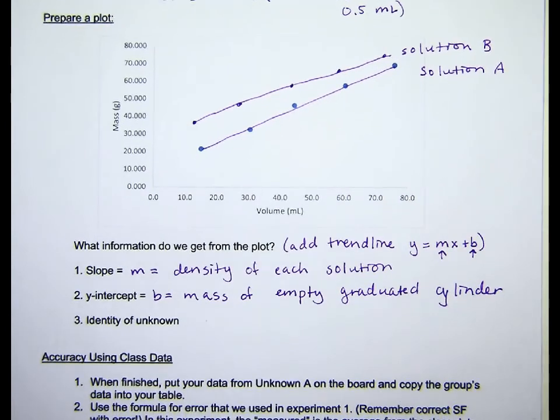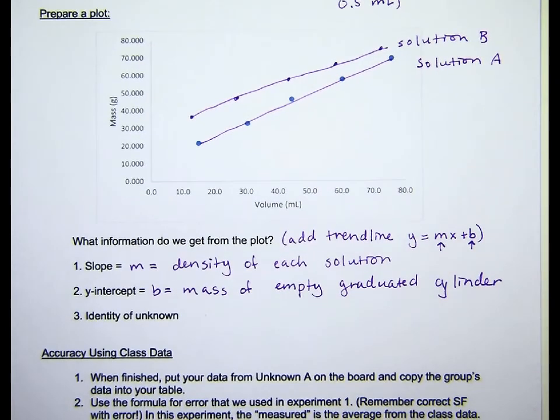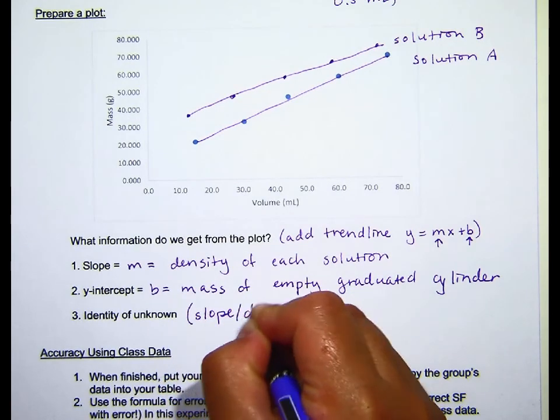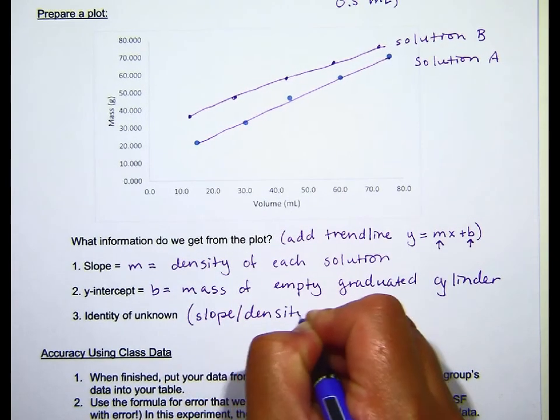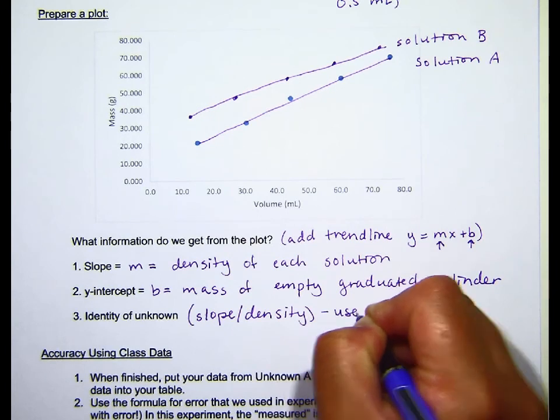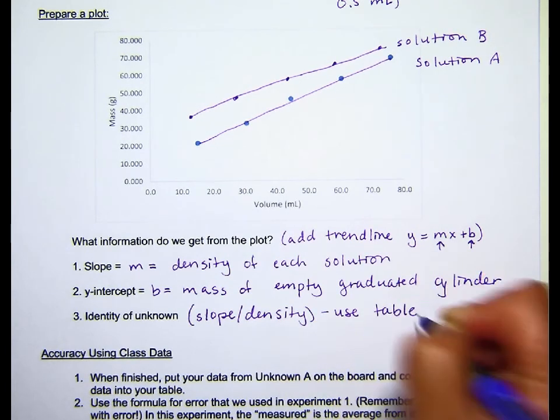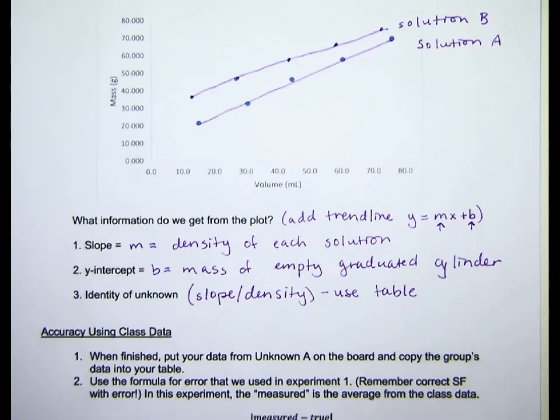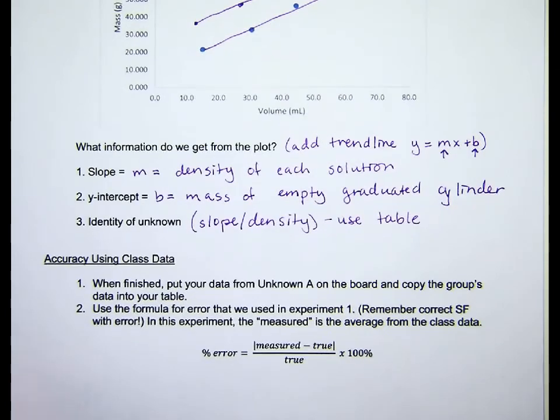And we'll also know the identity of our unknown from the slope or the density of the solution. And you will be able to use the table provided in the text of experiment 2A in order to identify what your unknown is. Then we're going to understand how accurate we were, right?